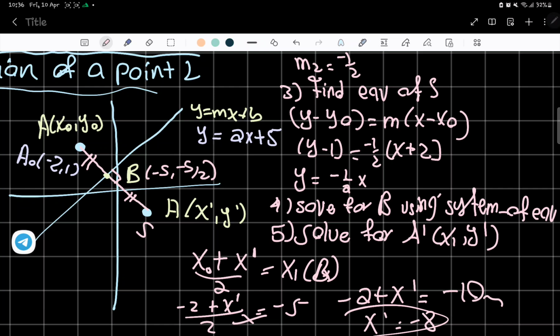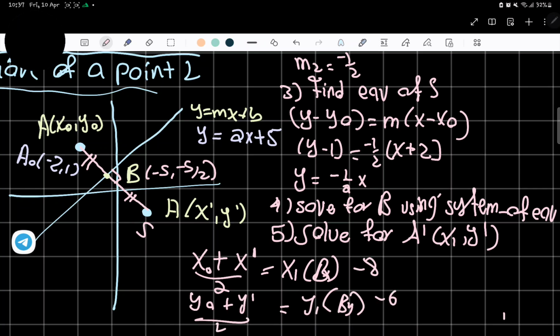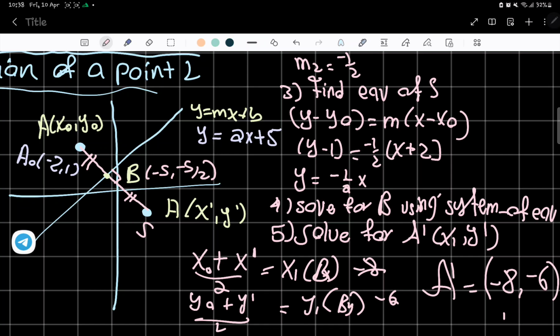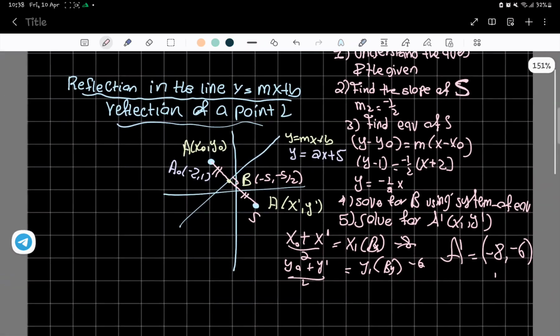Let's find y in the same process. So guys, I'm going to repeat the process for y and come back with the answer. So the final answer will be minus 8 and minus 1. So A prime is equal to minus 8, minus 6. So that's it. That's how we reflect a point across y equals mx plus b, which is our line of reflection.